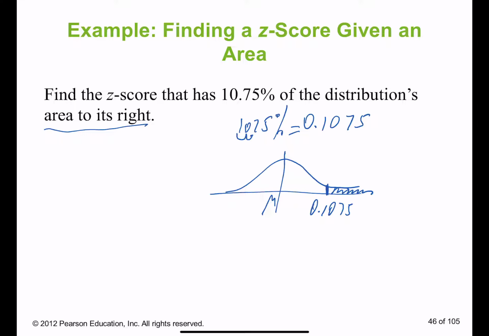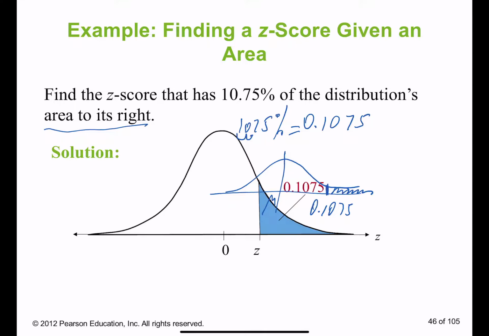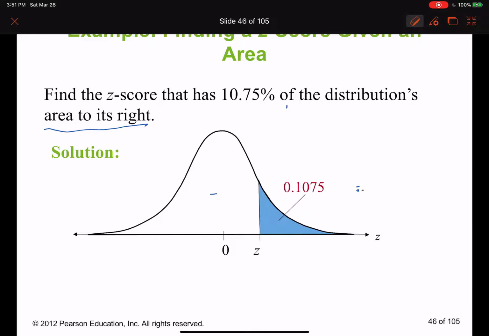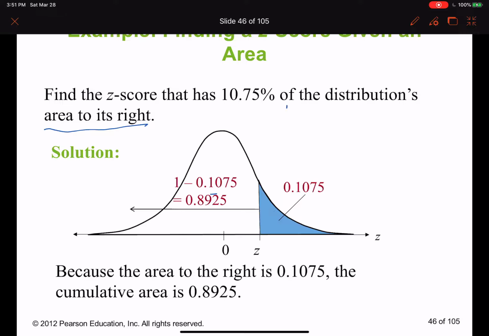Remember what we have to do? We need to find the area to the left, right? So we find the probability of the z-score that is equal to question mark, and it equals 0.8925.